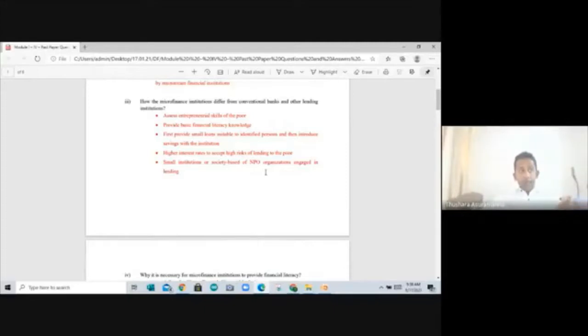Higher interest rates compared to the general lending rate, right? General lending may be 10% to 15%, whereas in microfinancing it is about 30, 40, 50%. Then the structure of the organization: small institutions like cooperative and society based, non-profit organizations, not very formal.